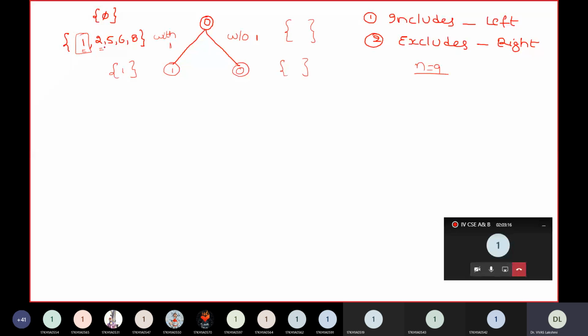Then 2. Level by level the number of nodes will increase. So here also with 2, the second element, and without 2. Same way here also 2, without 2.